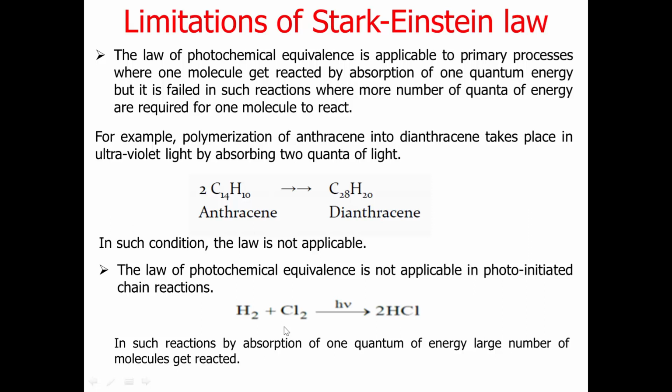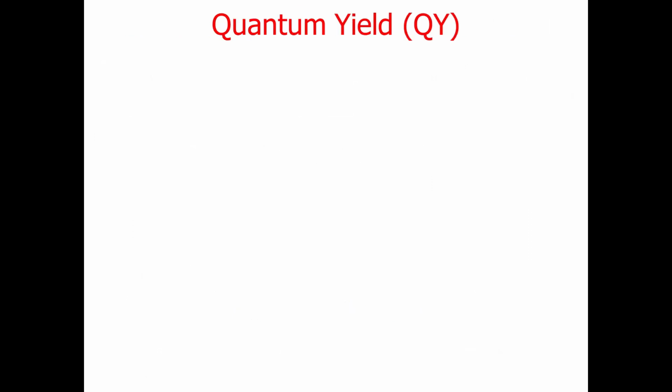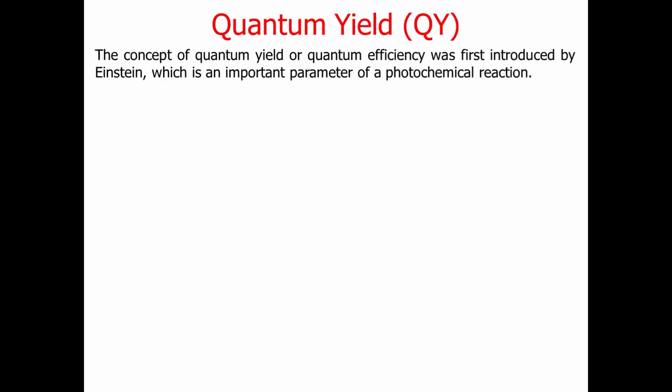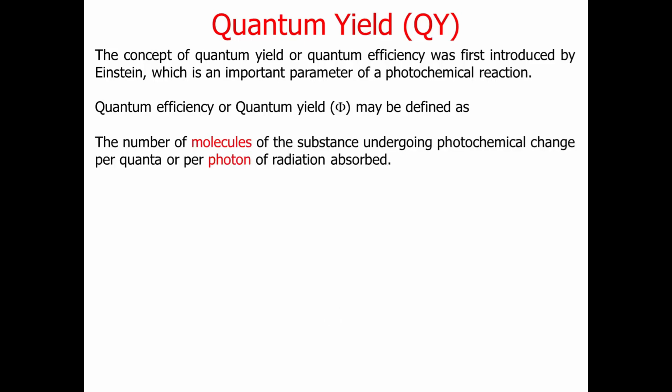To overcome this problem, Einstein later gave the concept of quantum efficiency or quantum yield. The concept of quantum yield or quantum efficiency was first introduced by Einstein, and it is an important parameter of a photochemical reaction. Quantum efficiency or quantum yield may be defined as the number of molecules of the substance undergoing photochemical change per quantum or per photon of radiation absorbed.